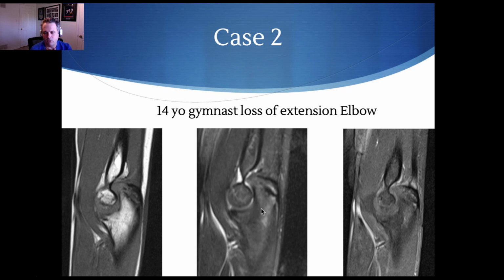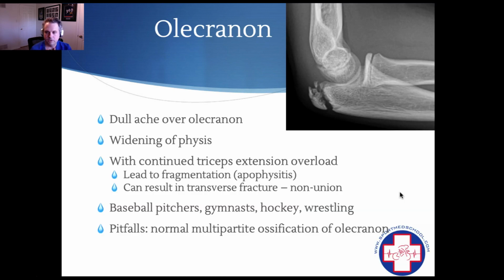You can see this more clearly on the second image with some bony edema on either side, and in the third one you can see some cortical irregularity at the olecranon where the triceps tendon attaches.